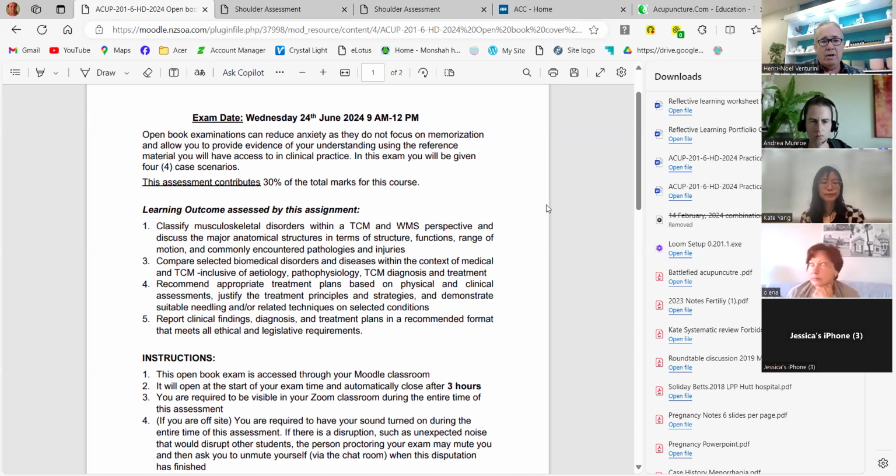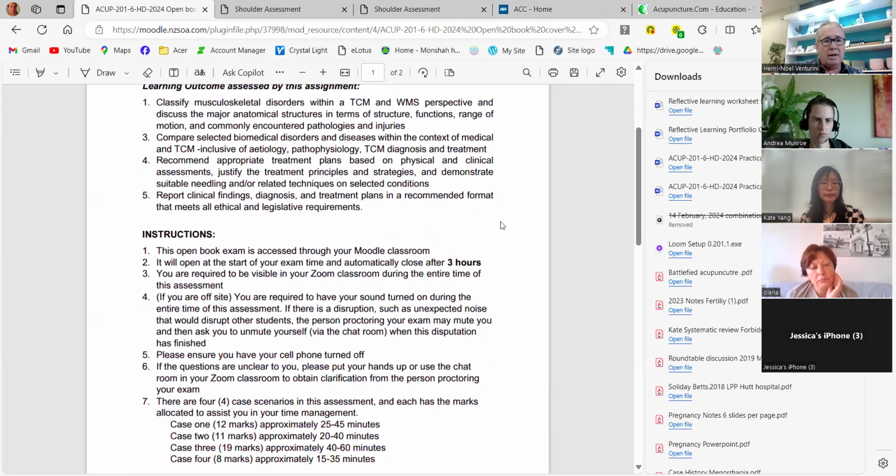You need to recommend appropriate treatment plans based on physical and clinical assessments, justify the treatment principles and strategies, and demonstrate suitable needling and or related techniques and structural conditions. Report clinical findings, diagnosis, and treatment plans in a recommended format that meets all ethical and legislative requirements. So the open book exam is accessed through your Moodle classroom, but it will be face-to-face.